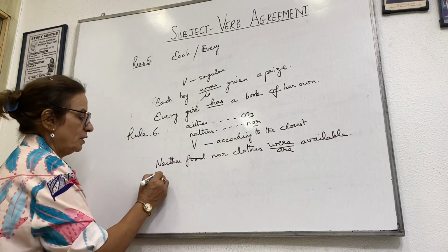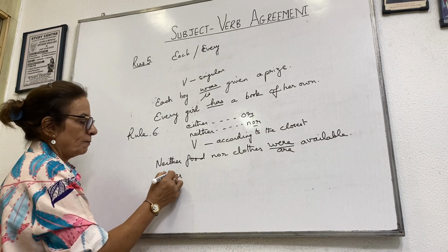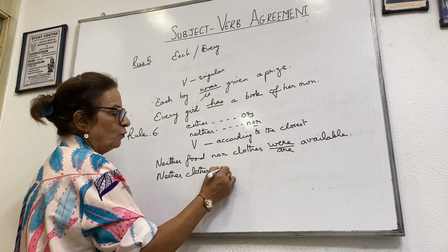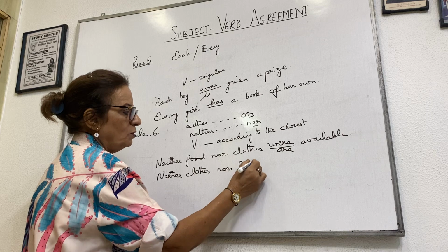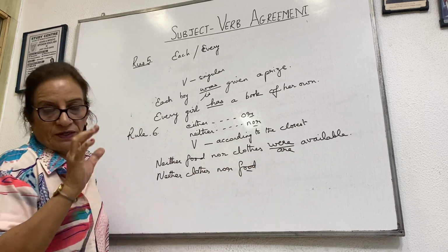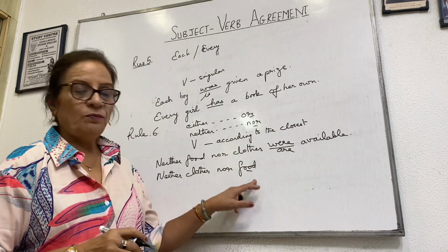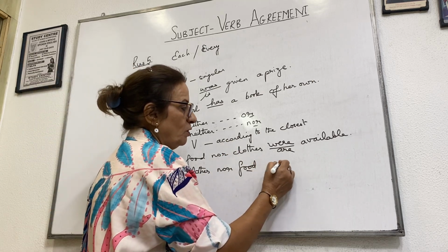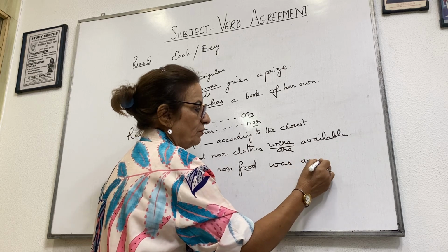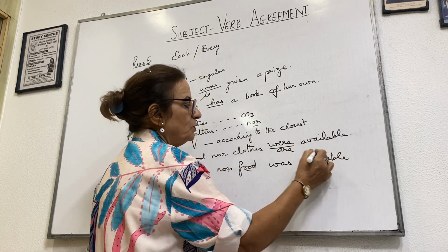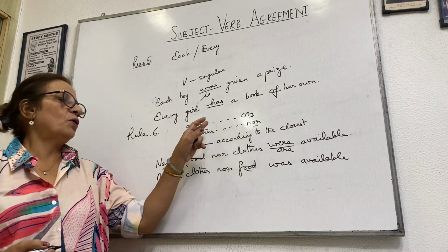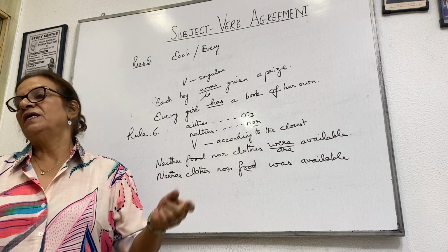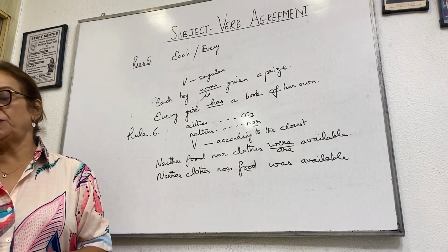Now change it. Neither clothes nor food. Now we have brought the food. Food is one unit. It's not plural. So it will change. Next to it will become was available, not were available. So according to the rule, when we use either or, neither nor, closest to or, nor, whichever the subject is, the verb is used according to that.